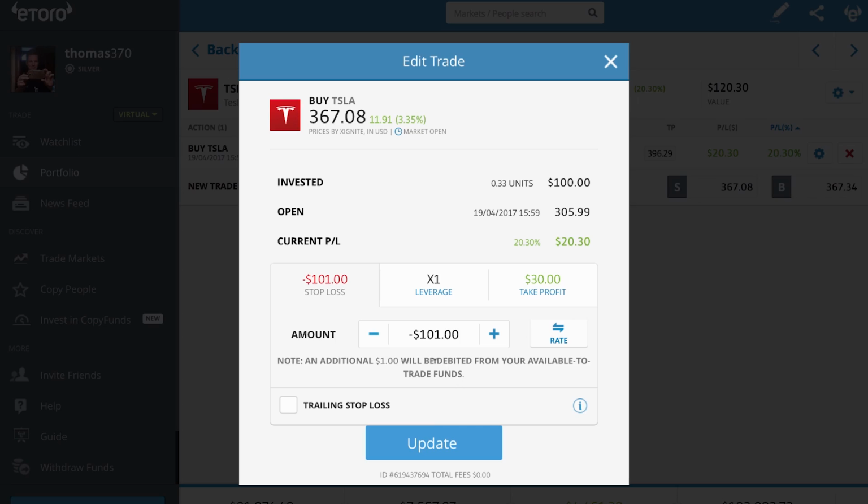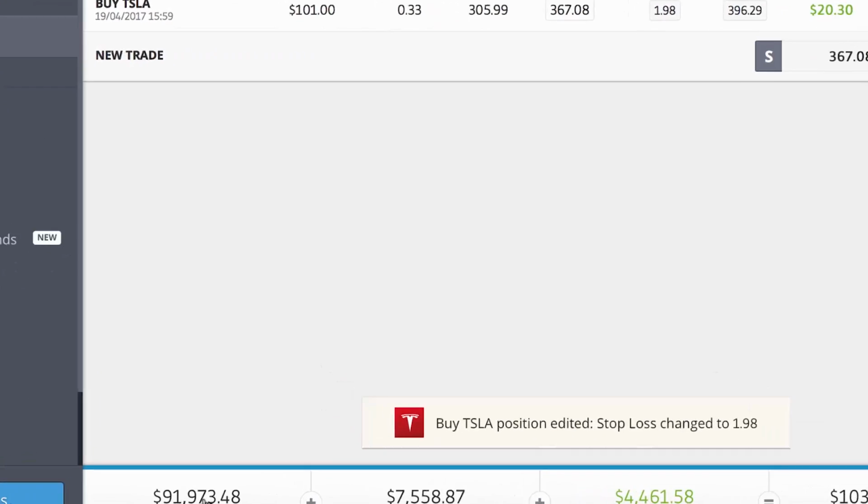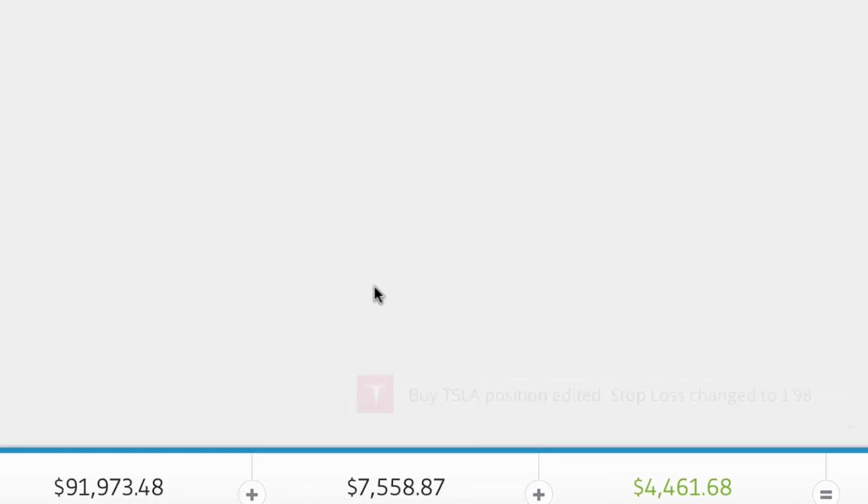I just have to put an extra $100 in, and they'll take that out of my available funds and say, no, you can't trade with that, just in case this trade goes completely wrong and your stop loss is triggered at minus 200, we want to make sure that that money's safe. So if you set your stop loss beyond 100% of the position size you opened, then they will just take that money from your available funds, and they tell you beforehand. And if you go update, boom, $1 has now left my available funds. And that's how you do it.